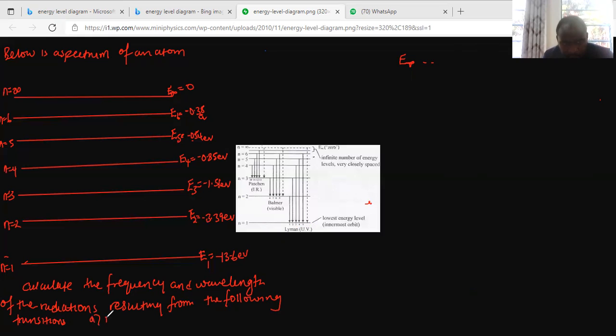A, n is equal to 4 to n is equal to 2. B, n is equal to 2 to n is equal to 1. C, and they have said in brackets, h is equal to 6.625 times 10 power negative 34 joule seconds. That is Planck's constant.